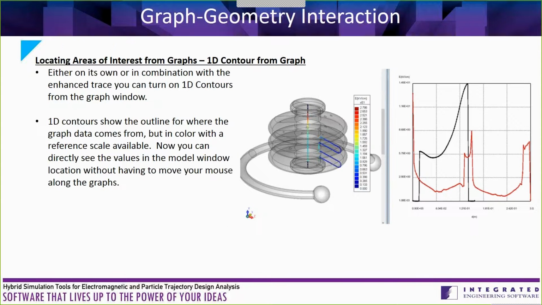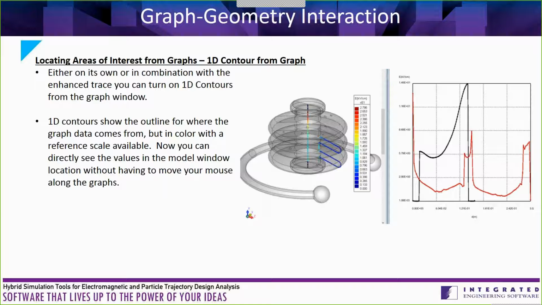So besides that, we also created a new type of contour plot in this version, and we made them interactive with the graph. So if I make a 1D contour, then I can present it either as a graph on the right or as a 1D contour or as both.